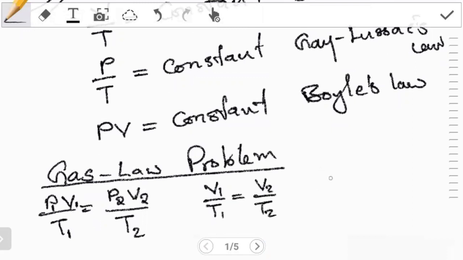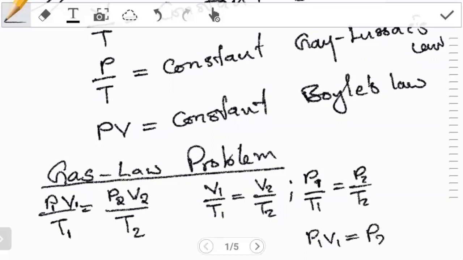And then, in the same manner, we have P1 over T1 is equal to P2 over T2. And lastly, that's Boyle's law now. We have P1 V1 equal to P2 V2.